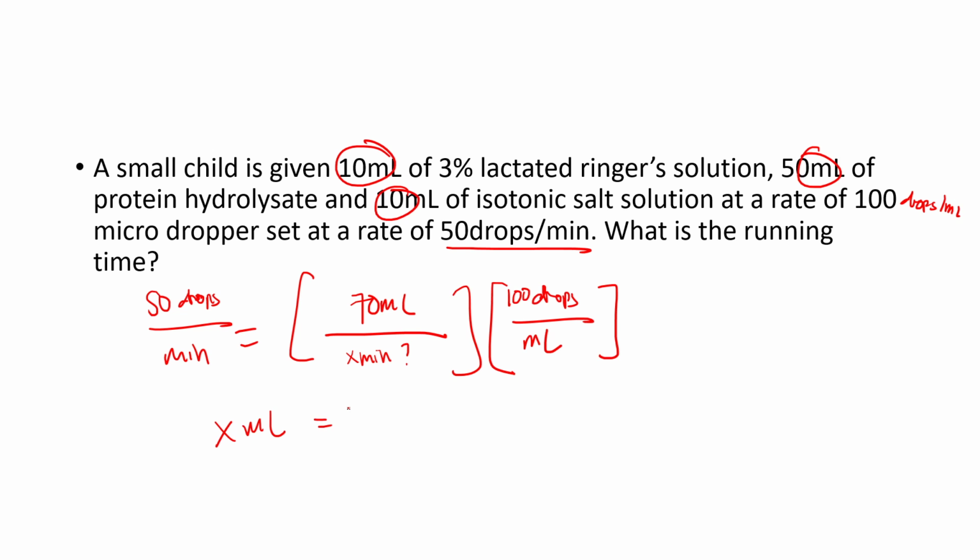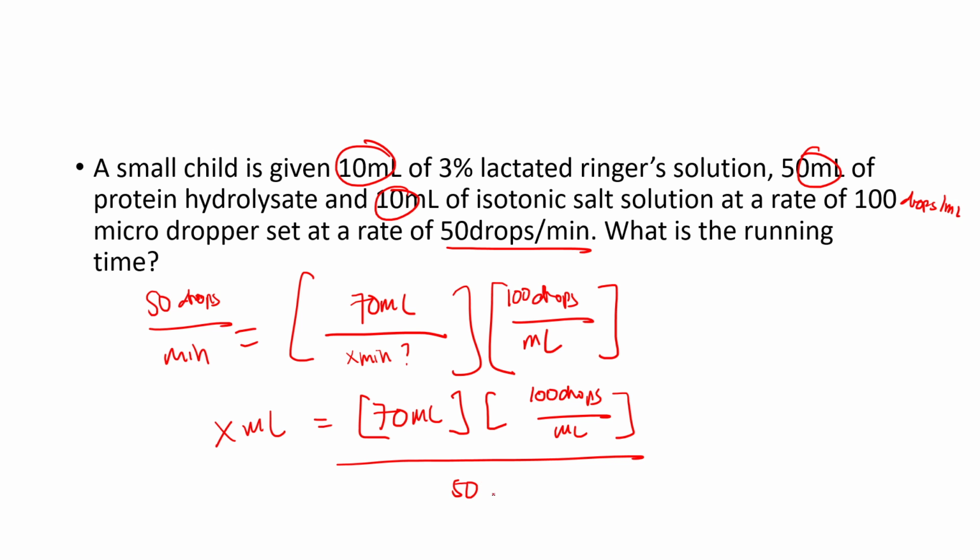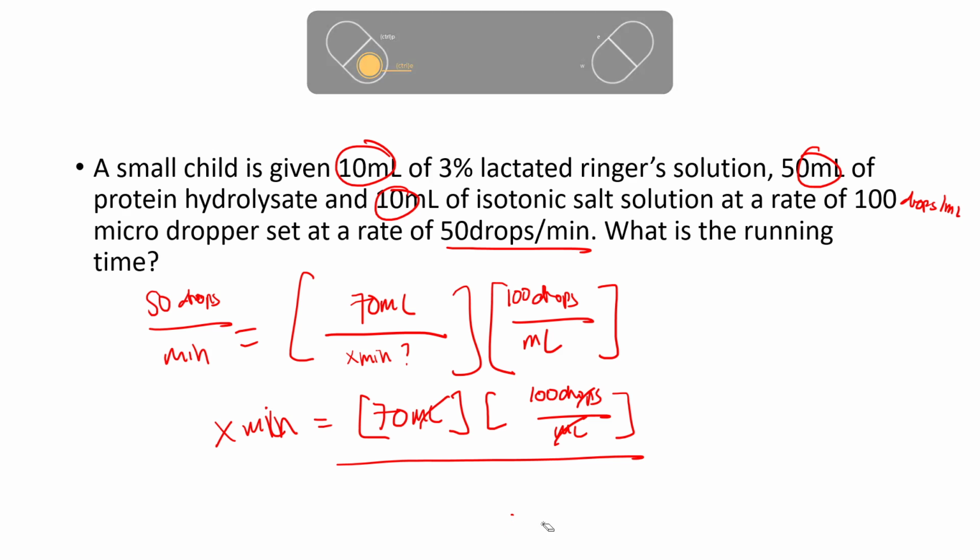X minutes equals 70 ml multiplied by 100 drops per ml over 50 drops per minute. Sorry, I'm going to reverse this one so you could see it clearly.